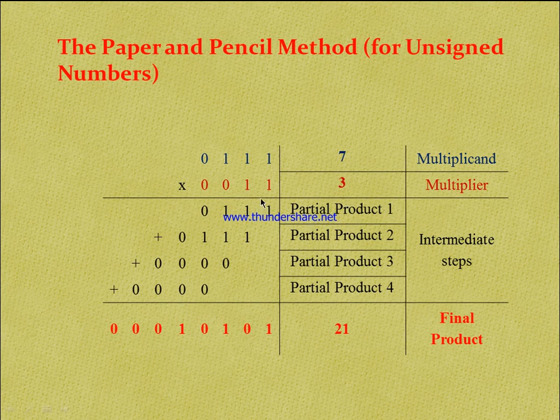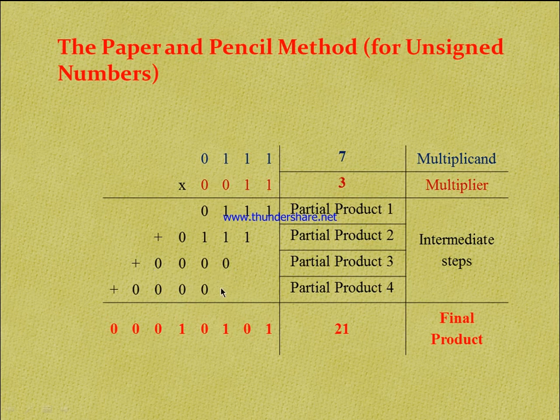Okay. Similarly, I shift left 1 bit and again multiply this one with all the multiplicand bits. In this way I will get this one. Next, this 0 is multiplied with all the bits and I will get all zeros.